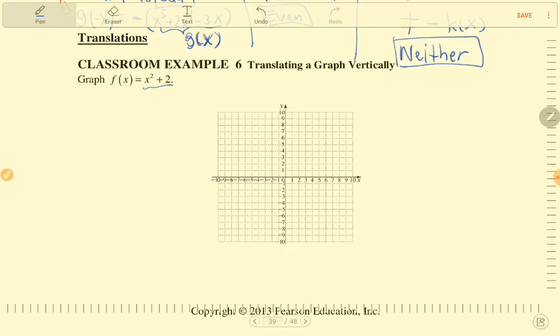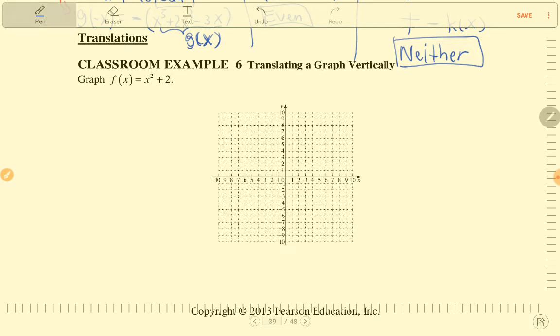So we're looking at translations now, which is a certain type of transformation. It's one that relocates the original shape. So rather than making it more narrow or more wide or reflecting it upside down or across the y-axis, what we do is we keep the shape basically the same, but we just shift it to a different location on the xy plane.